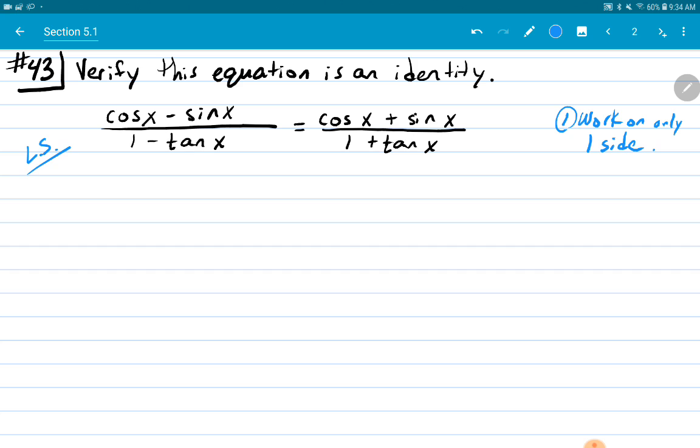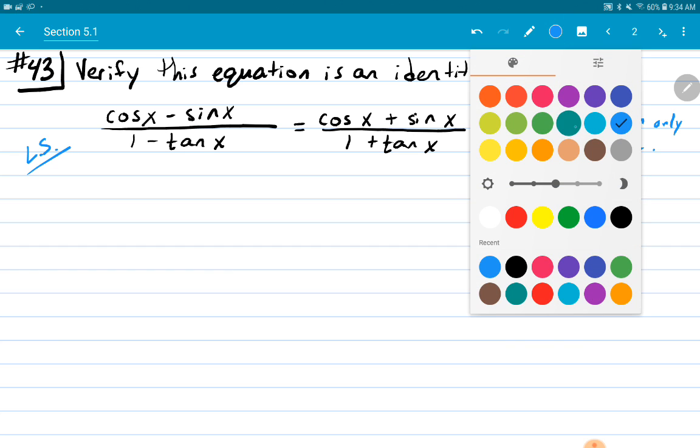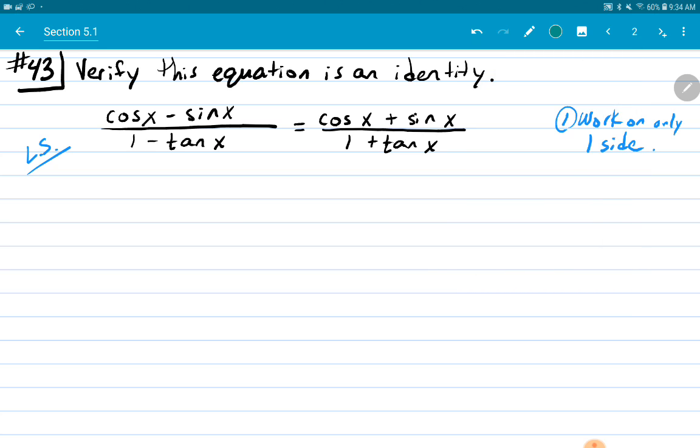That's kind of random. And then the second thing I notice is that if I look at the left side and the right side, the numerator is a conjugate and the denominator is a conjugate of the left side. So I've got to get those conjugates in there somewhere. I'm going to use the technique of multiplying by the conjugate.